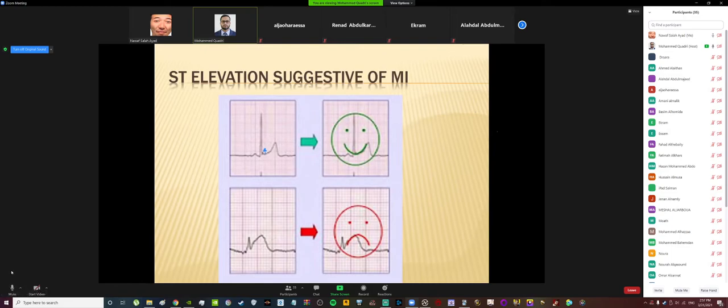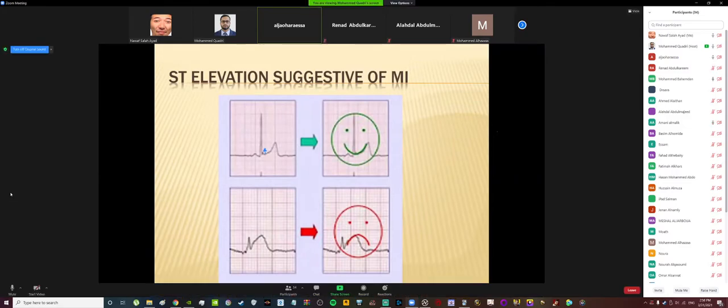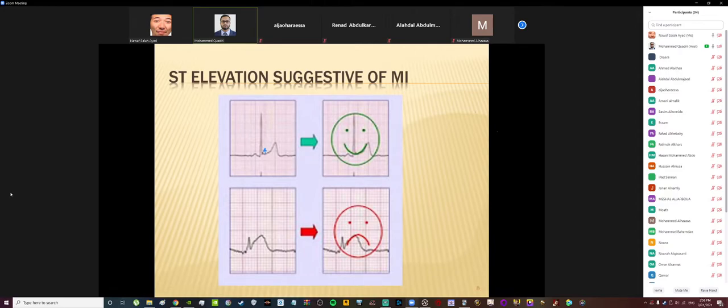Can anyone tell me what are the septal leads? V1, V2. Good. What are the anterior leads? V3, V4. Good. Lateral leads? AVL, V5, V6, and lead 1. Perfect.